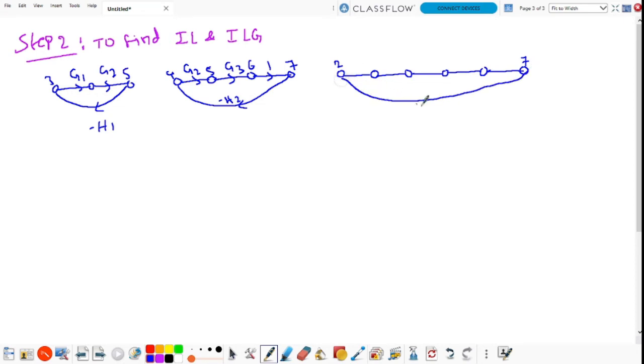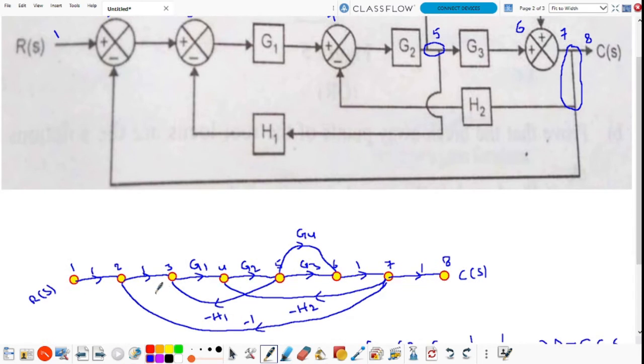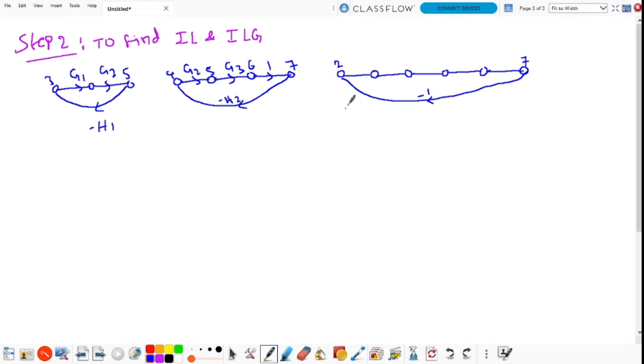The gain element is minus 1, because it is unity negative feedback. The branch gains are 1, G1, G2, G3, 1. And this is the third individual loop.